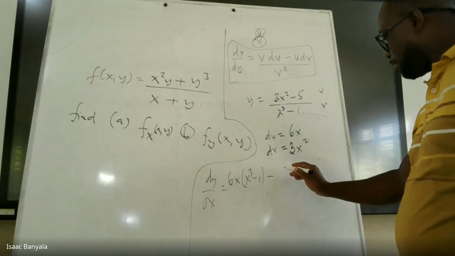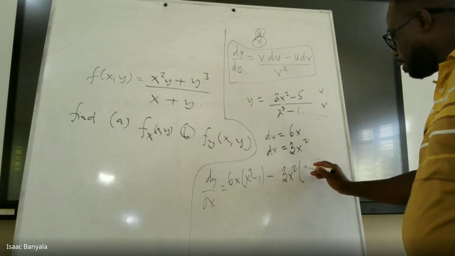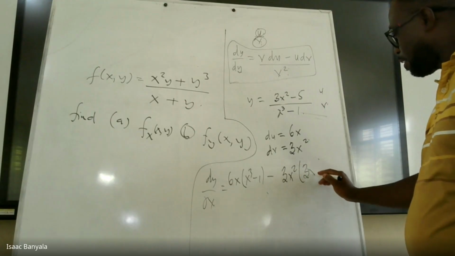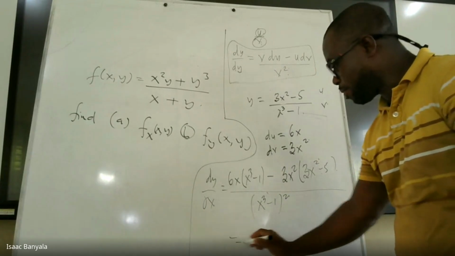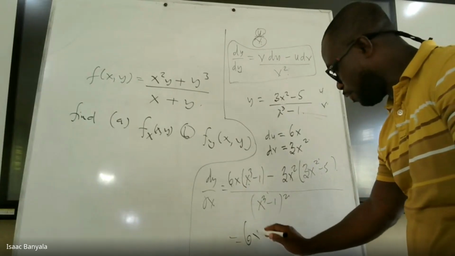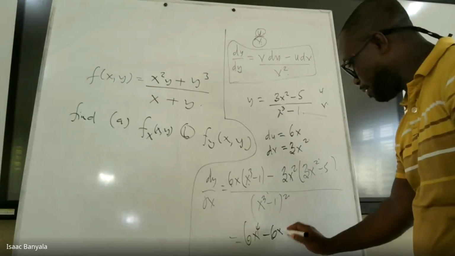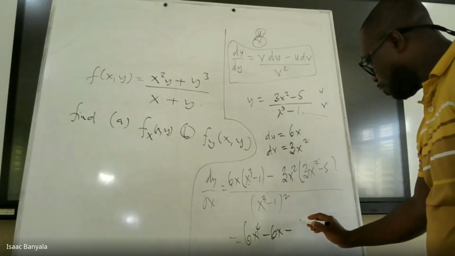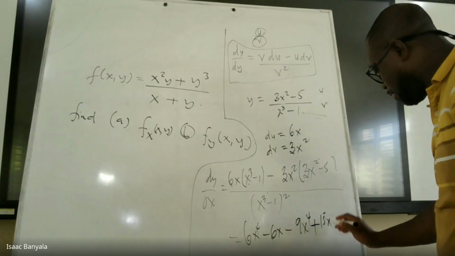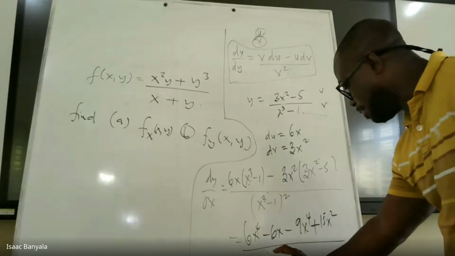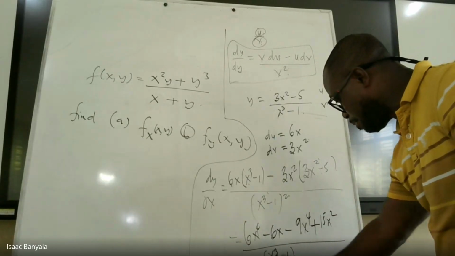So in bracket we have 3x squared, then 3x, then all divided by x cubed minus 1 all squared. Then let's expand this and that to give us 6x to the power 4 minus 6x minus 9x to the power 4 plus 15x squared. All on the denominator, still keep them. Don't expand.